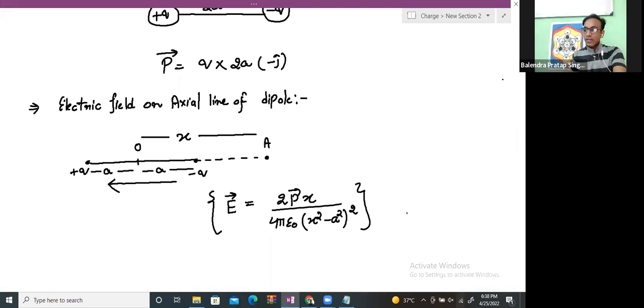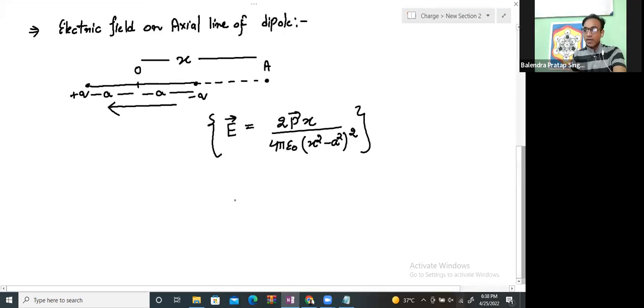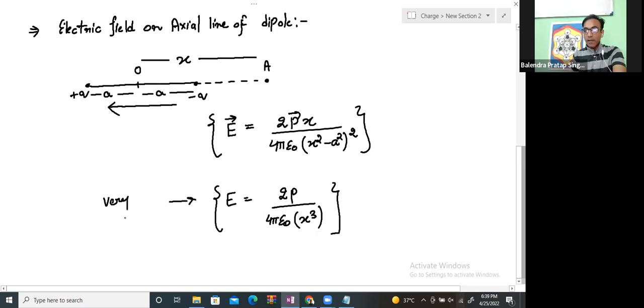The electric field will be E is equal to twice of p divided by 4 pi epsilon naught into x cube. This is the magnitude of the electric field at the axial line due to a very small dipole.